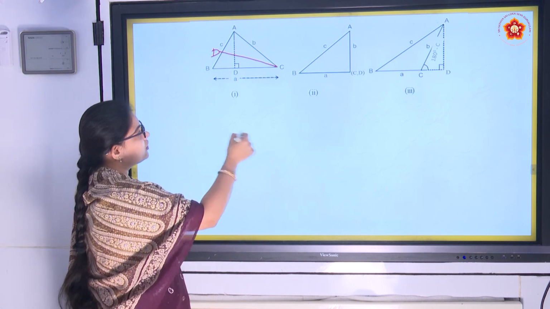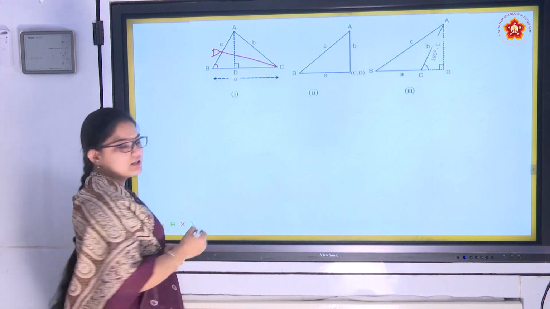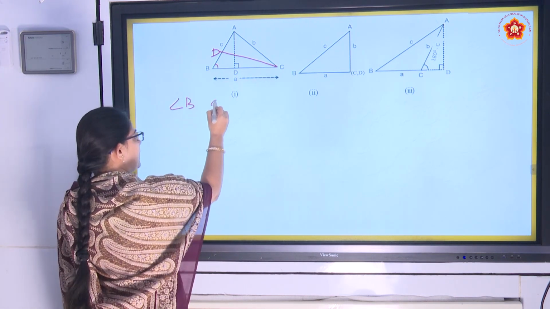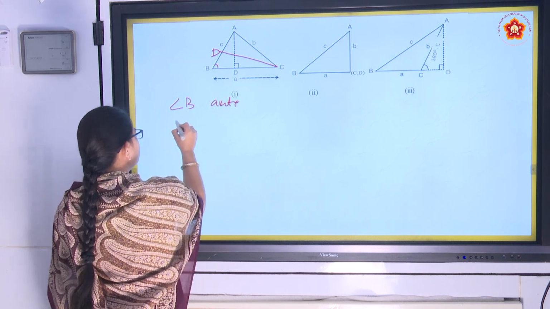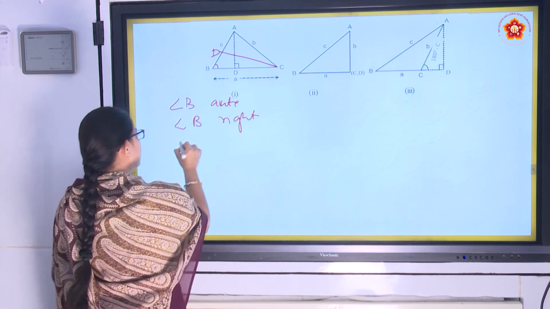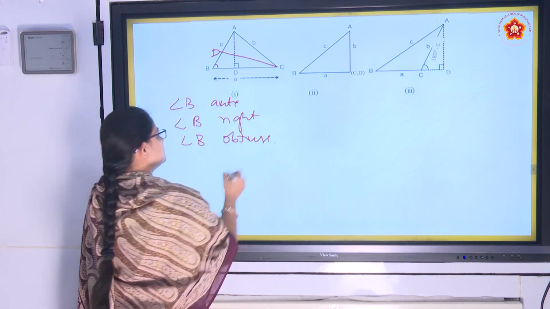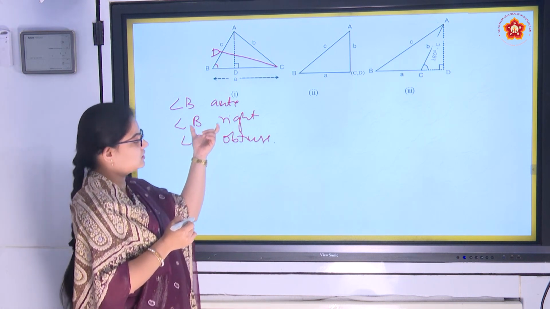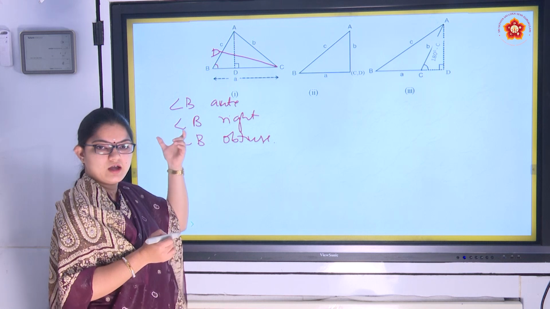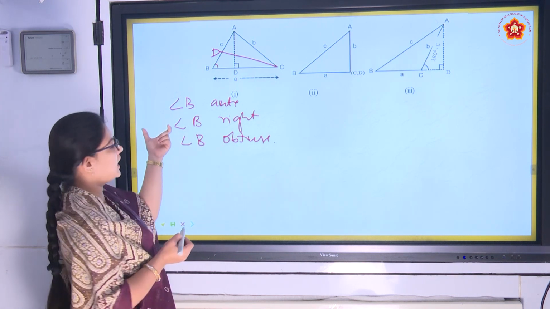You have to follow all 3 cases, but the case you have to give is for angle B. So you have to consider angle B is acute, angle B is right angle, and angle B is obtuse. You use the same method, but in the figure you draw the perpendicular from C to AB.